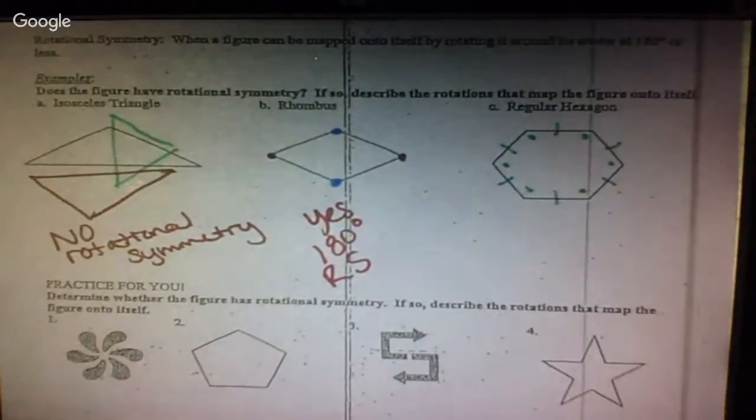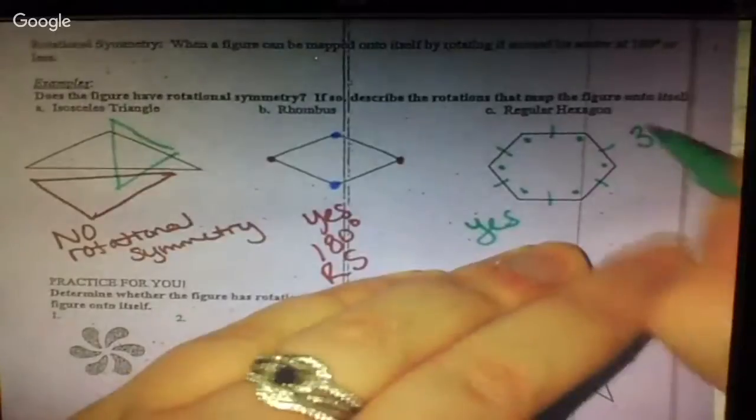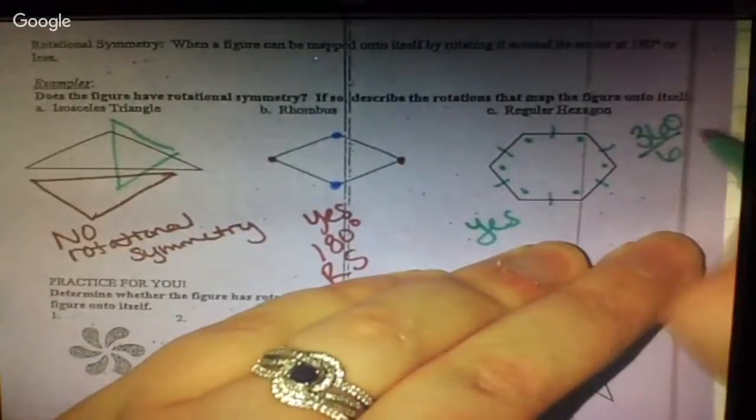So this is a yes. A regular hexagon has 6 sides. So 360 divided by 6 is 60. So this has rotational symmetry at 60 degrees, 120 degrees, and 180 degrees.